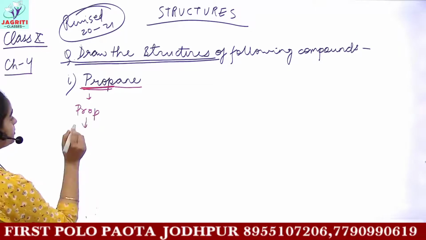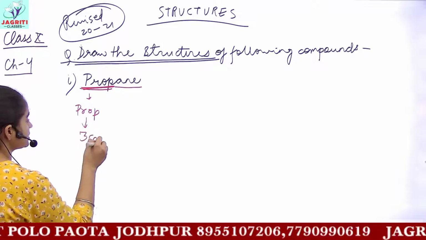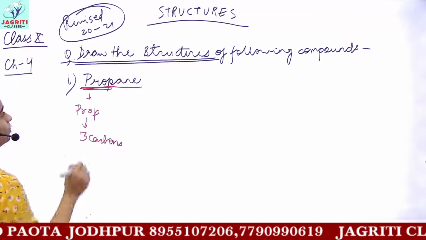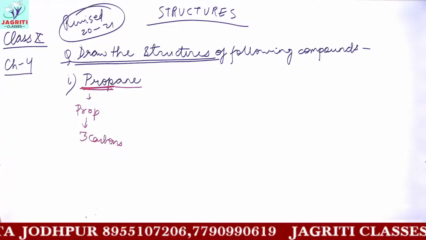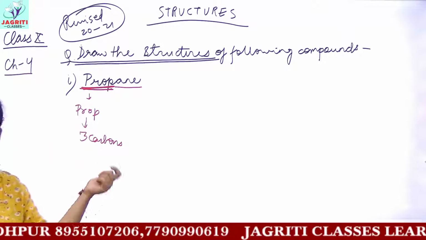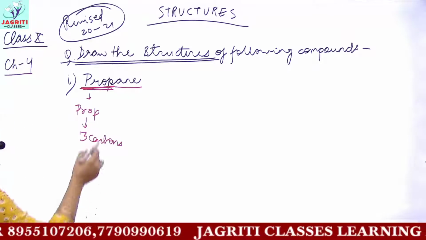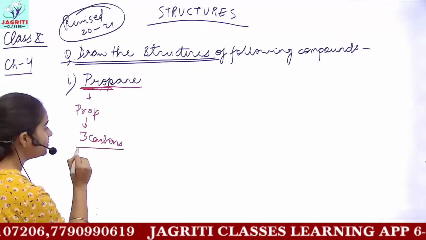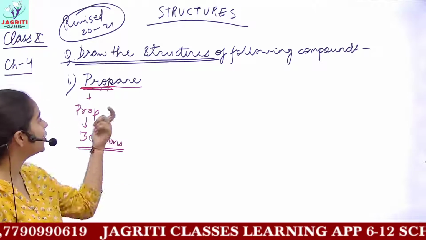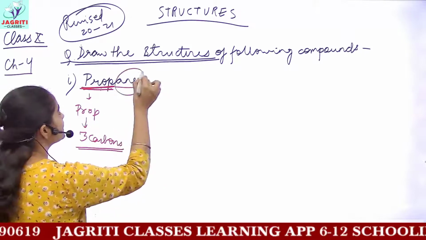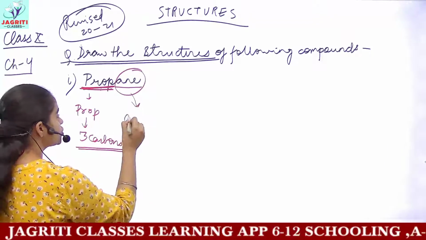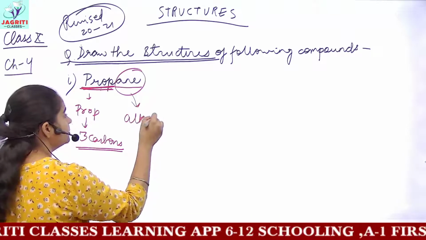So this prop stands for 3 carbons. So by knowing the prefix, okay, I have written all the prefixes in my last video lecture, you can know the number of carbons which would be present in your compound. And the suffix ane is used to signify the term alkanes.